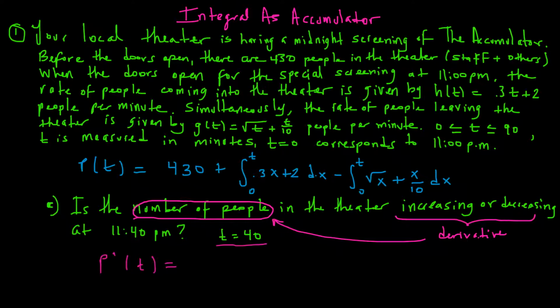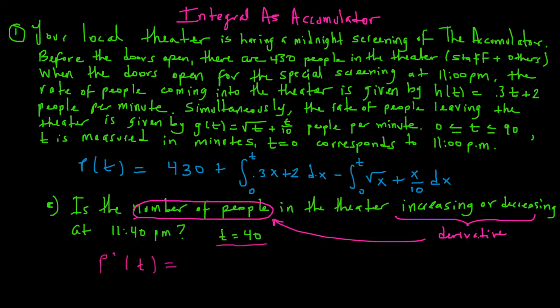Okay, so let's just take the derivative of the blue expression here, and that would be P prime of t. The derivative of 430 is equal to 0. The derivative of the integral 0.3x plus 2, how do we write that?